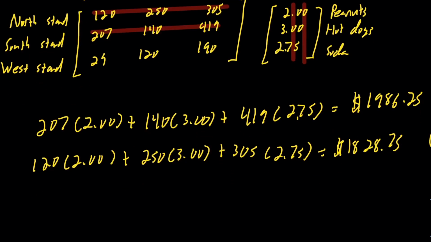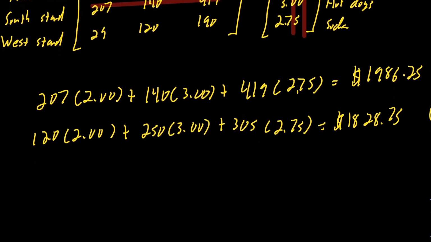Go ahead, I'll actually do it this time. And if you calculate the west stand, you should have $940.50 as the total sales in the west stand. And yes, it is the same process. So you grab the third row and multiply it by the same column vector.